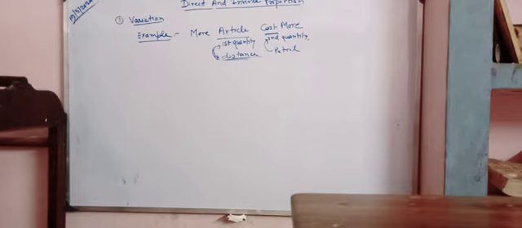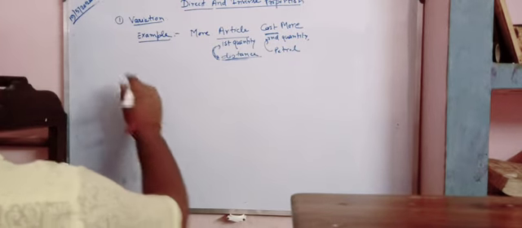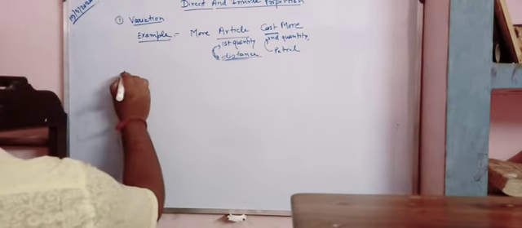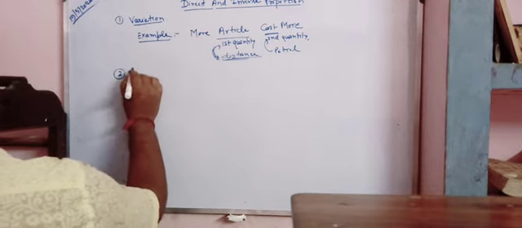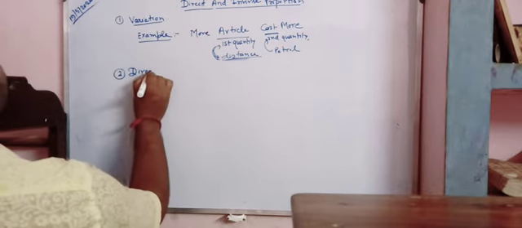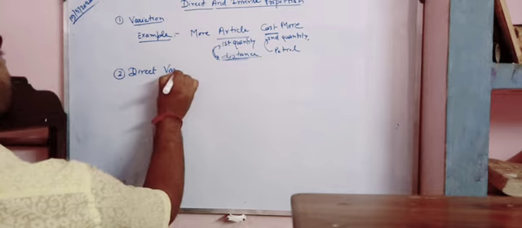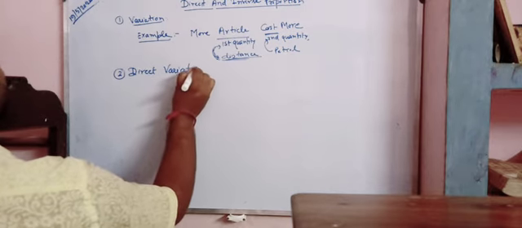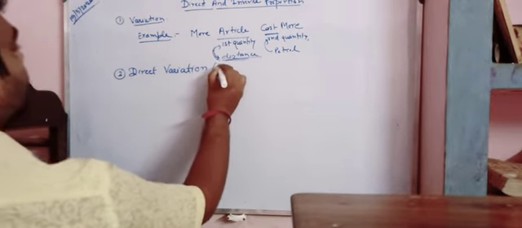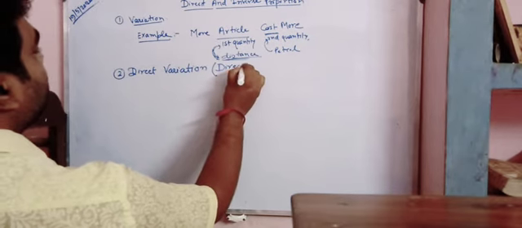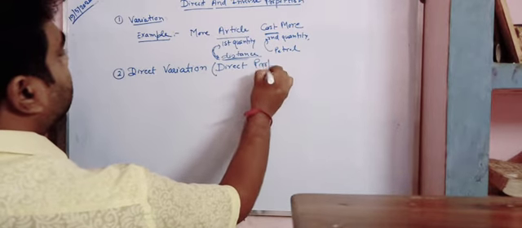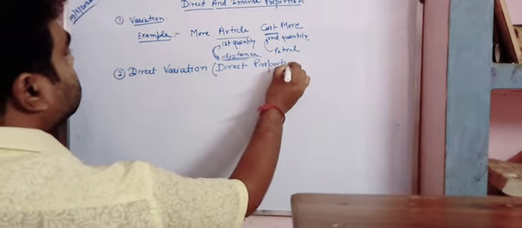Next, move to the second important thing, that is direct variation or direct proportion. You understand that? Direct variation or direct proportion.